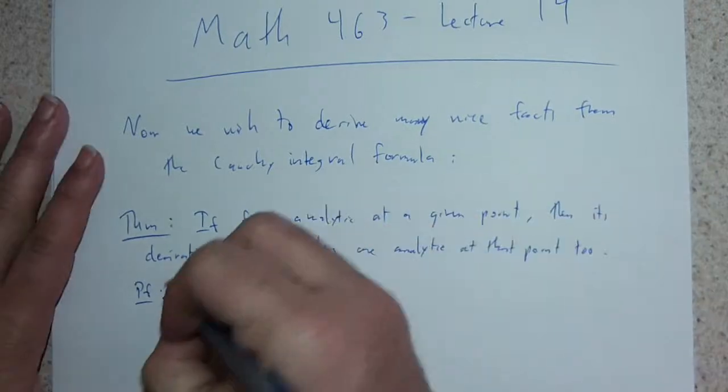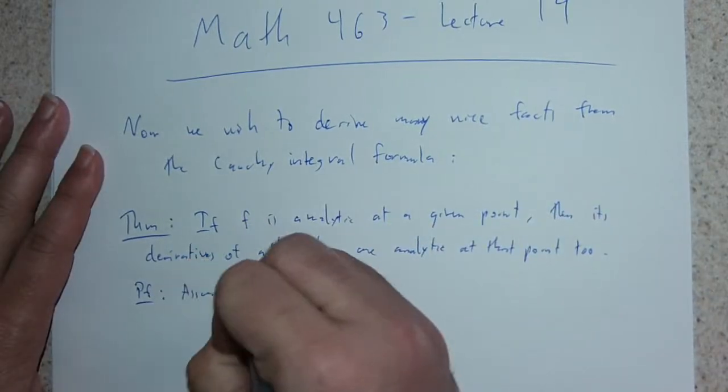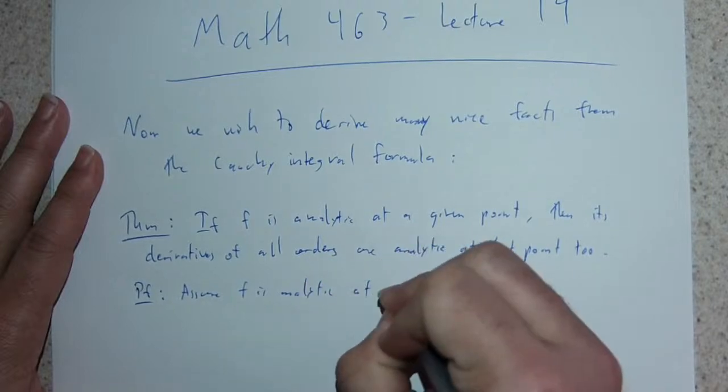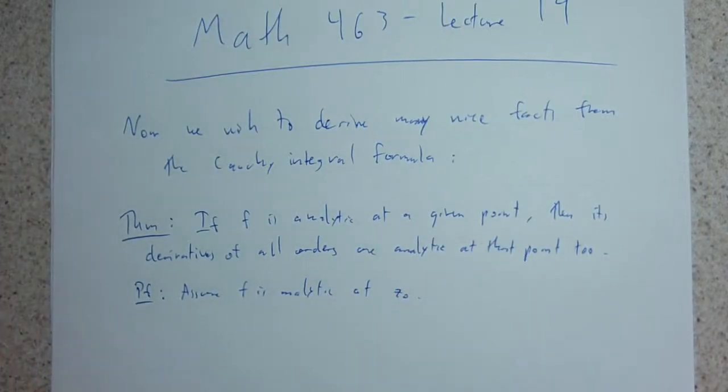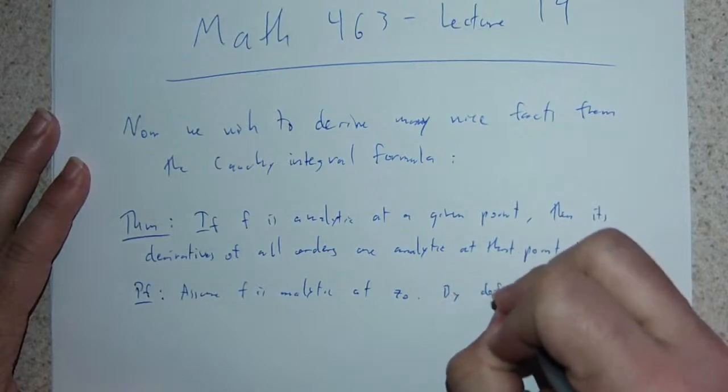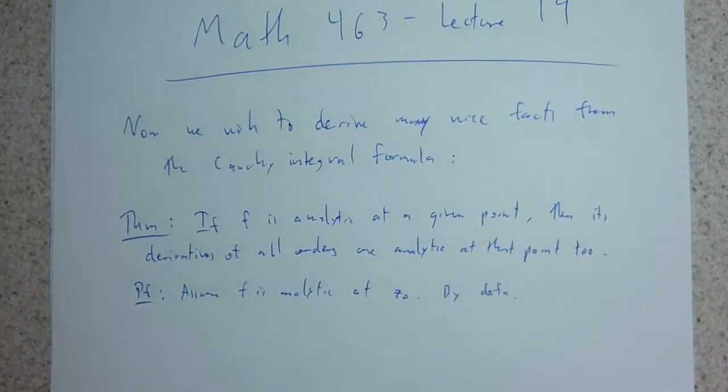Okay, so assume f is analytic at some point, we'll say z0. By definition, what does this mean? Remember, being analytic at a point means that you have a derivative in some window, in some neighborhood of that point.